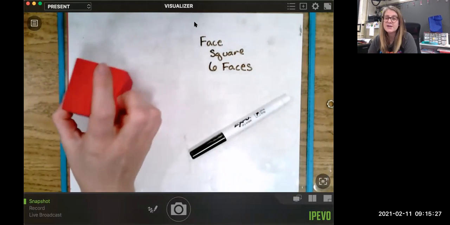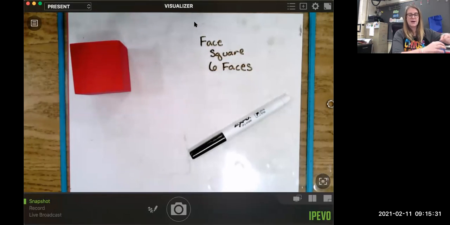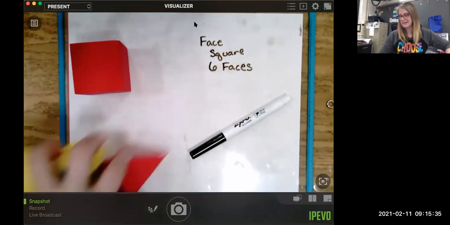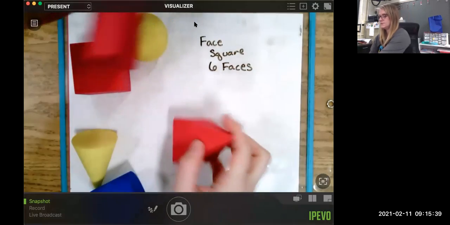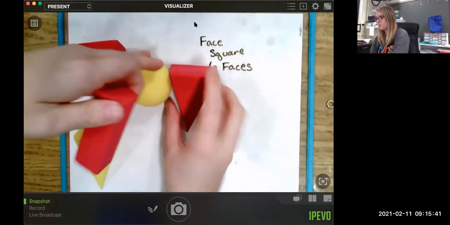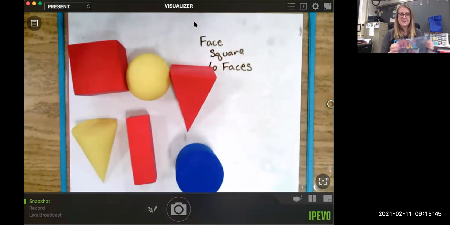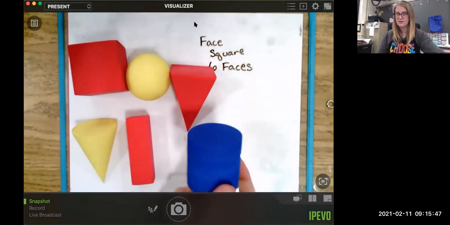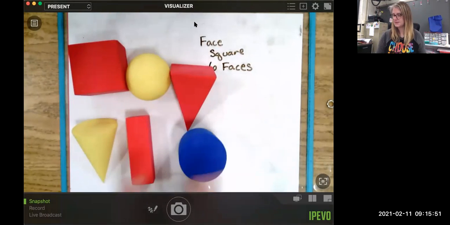In your collection of solids, which I'm going to put all of mine on my board, we want to know what other solid has 6 faces. I'm just going to rotate them so you can see them.